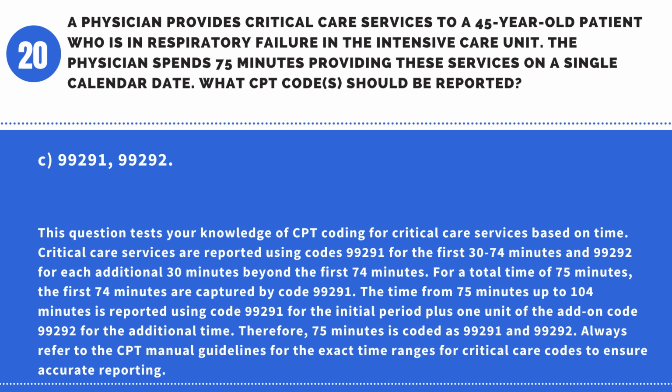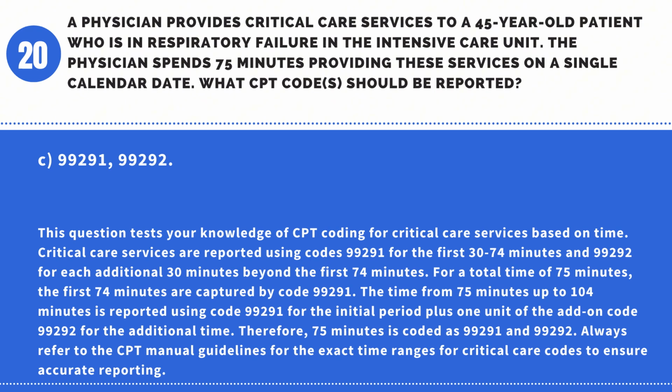Okay, standard CPT critical care time coding is 99291 for 30 to 74 minutes, 99291 plus 99292 for 75 to 104 minutes, 99291 plus 99292 x2 for 105 to 134 minutes, etc. So, 75 minutes falls into the range reported by 99291 and 1 unit of 99292.